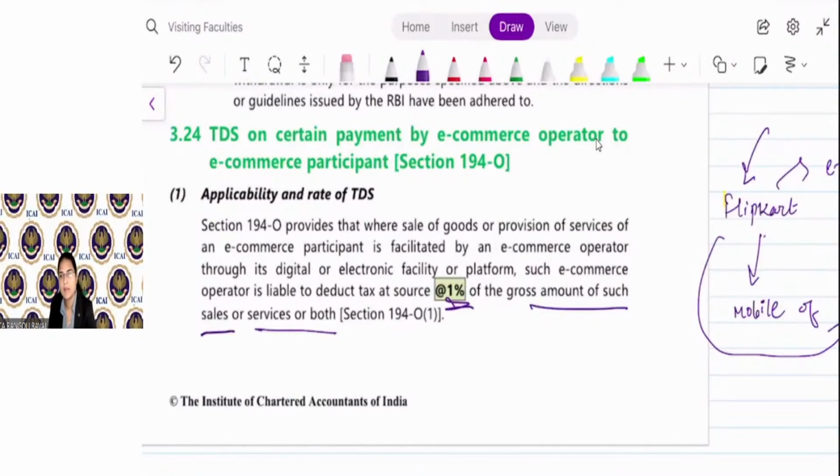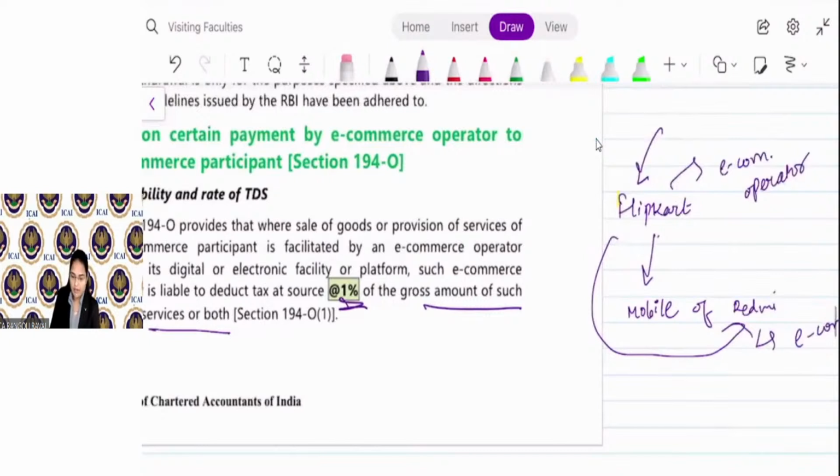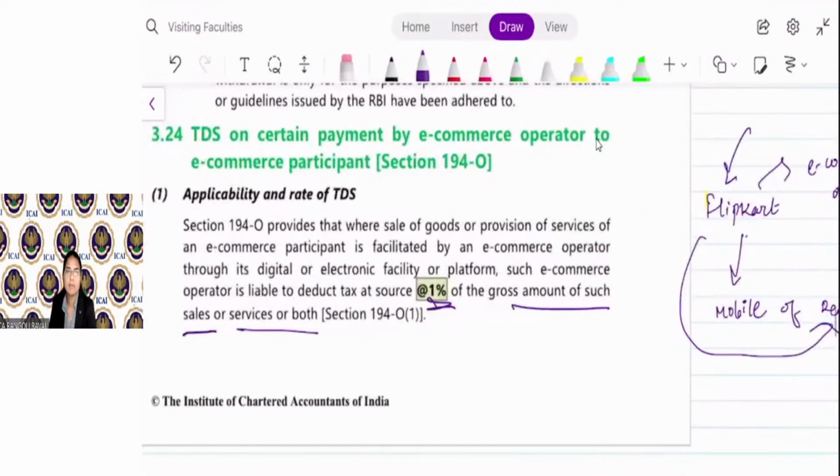So here Flipkart is required to deduct TDS on the payment made to Redmi at the rate of 1%. So here the payer is the e-commerce operator and the payee is the e-commerce participant. That is, in our case, the payer is Flipkart, that is the e-commerce operator, and the payee is Redmi, that is the e-commerce participant.